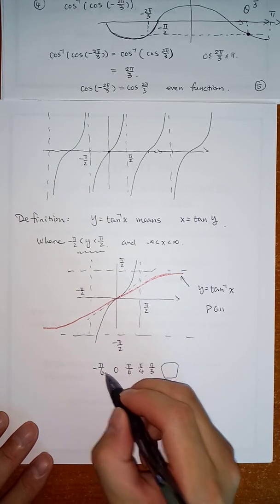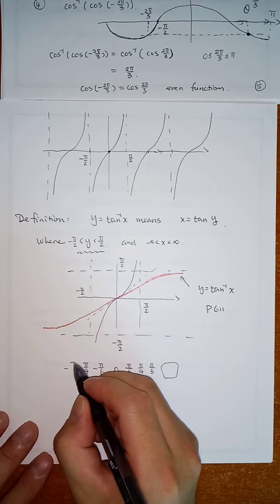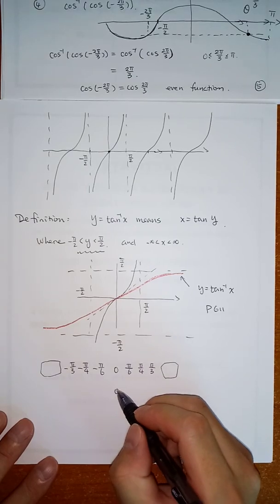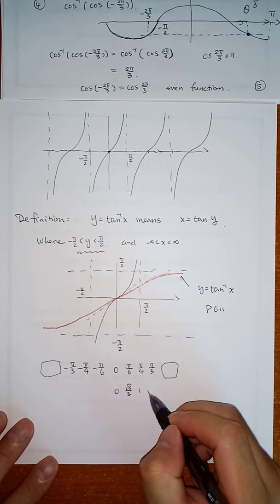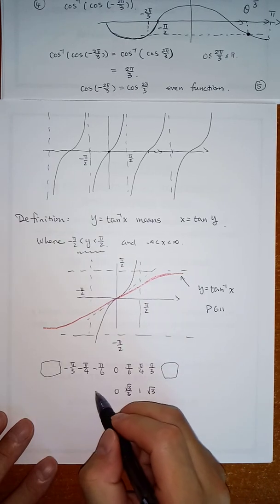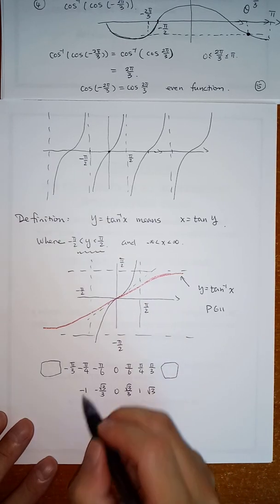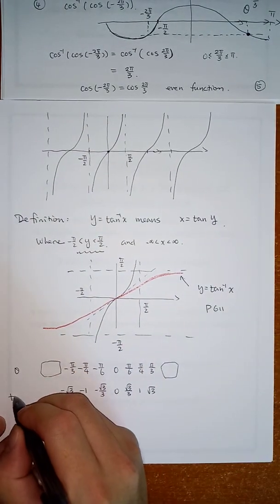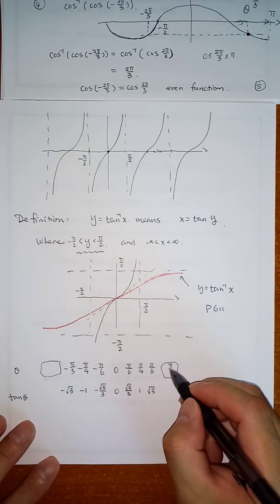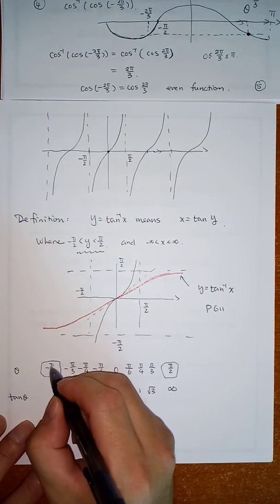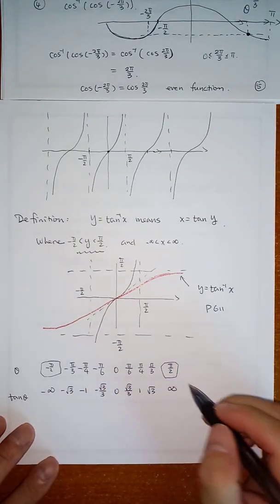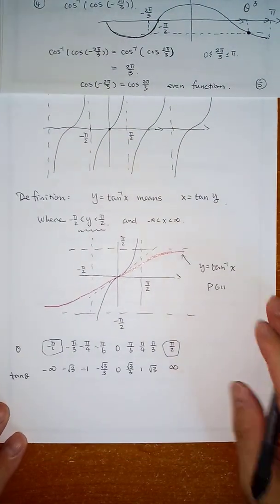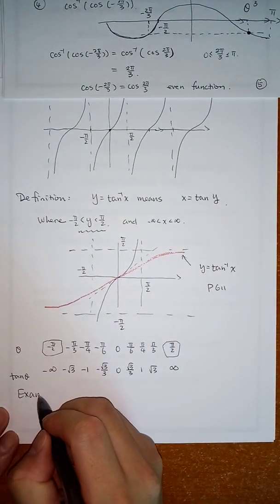The values are 0, root 3 over 3, 1, root 3, and symmetrically negative, because tangent is an odd function. If you put pi over 2, it's positive infinity, and negative pi over 2 gives negative infinity, so basically undefined. Memorize this table, then you can do similar examples.